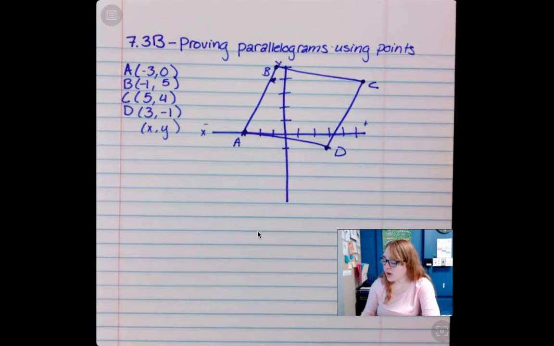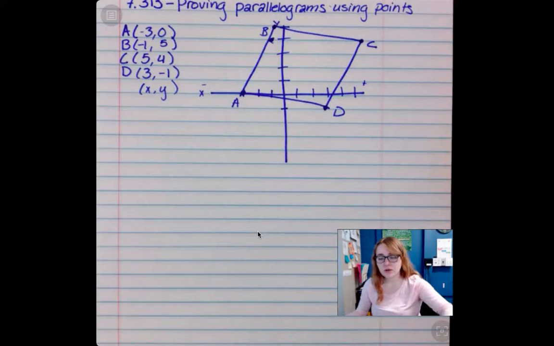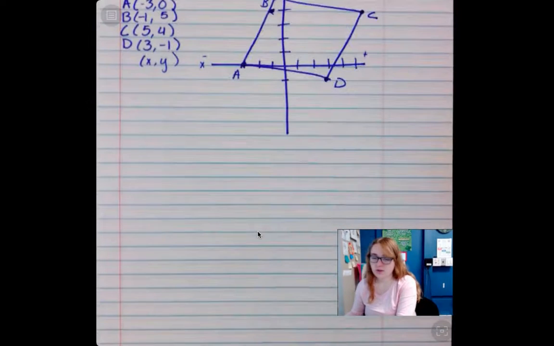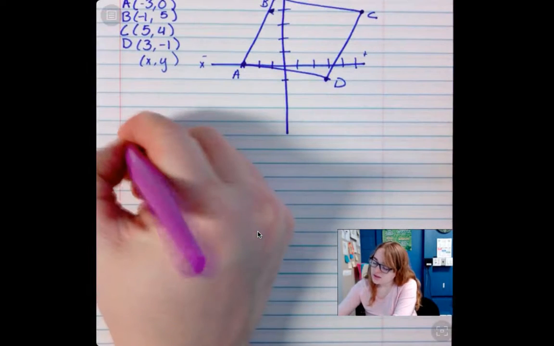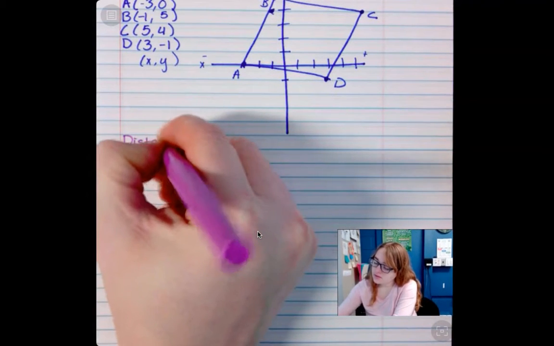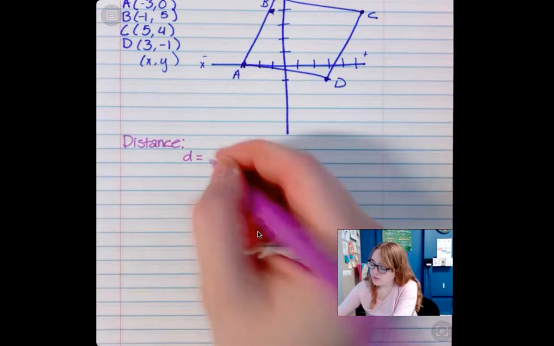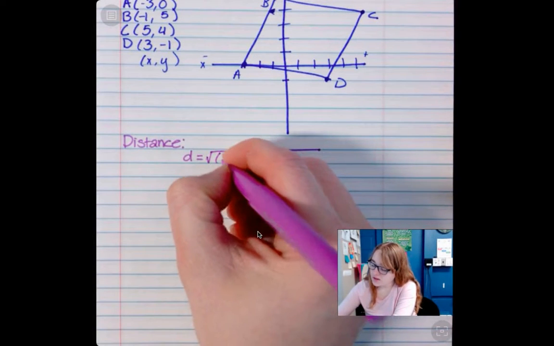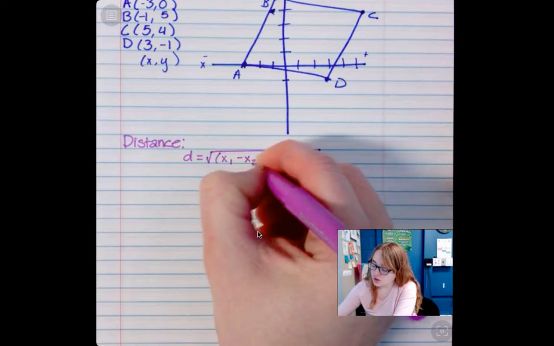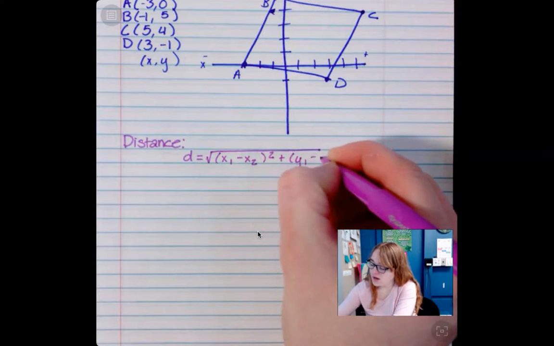Okay, the first way that we can prove that this shape is a parallelogram using only its points is by using the distance formula. So let me write down the distance formula for us. The distance formula is D for distance is equal to the square root of x1 minus x2 squared plus y1 minus y2 squared.